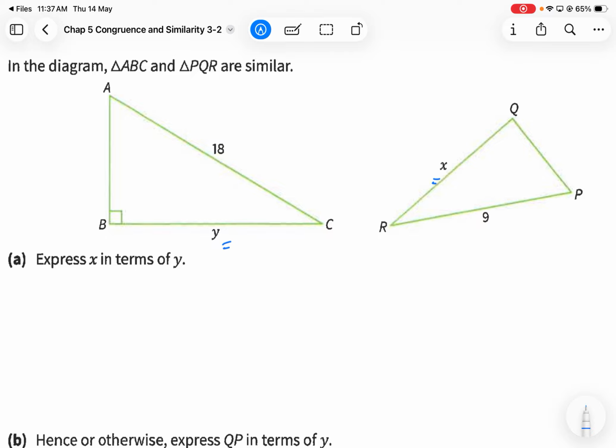They purposely never draw them in the same manner, but you must know, because you can read from the naming. AC corresponds to PR. So A corresponds to P. You can write this to help yourself see. B corresponds to Q. C corresponds to R.